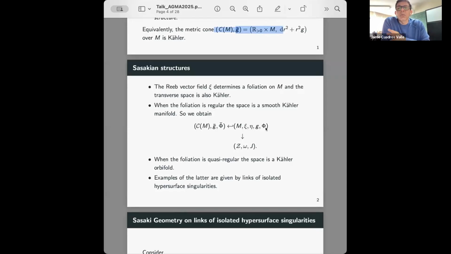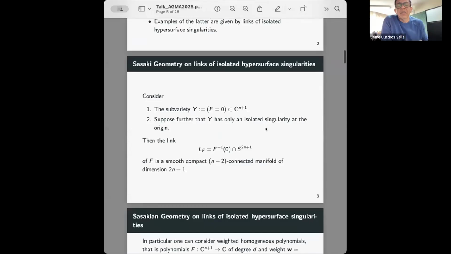Our manifold will be giving us a link that is the intersection of the affine variety, a set of zeros of some nice polynomial, intersected with a sphere. And as the projective or transverse space, we have the quotient of the affine cone by the C star action. That's the orbifold associated.